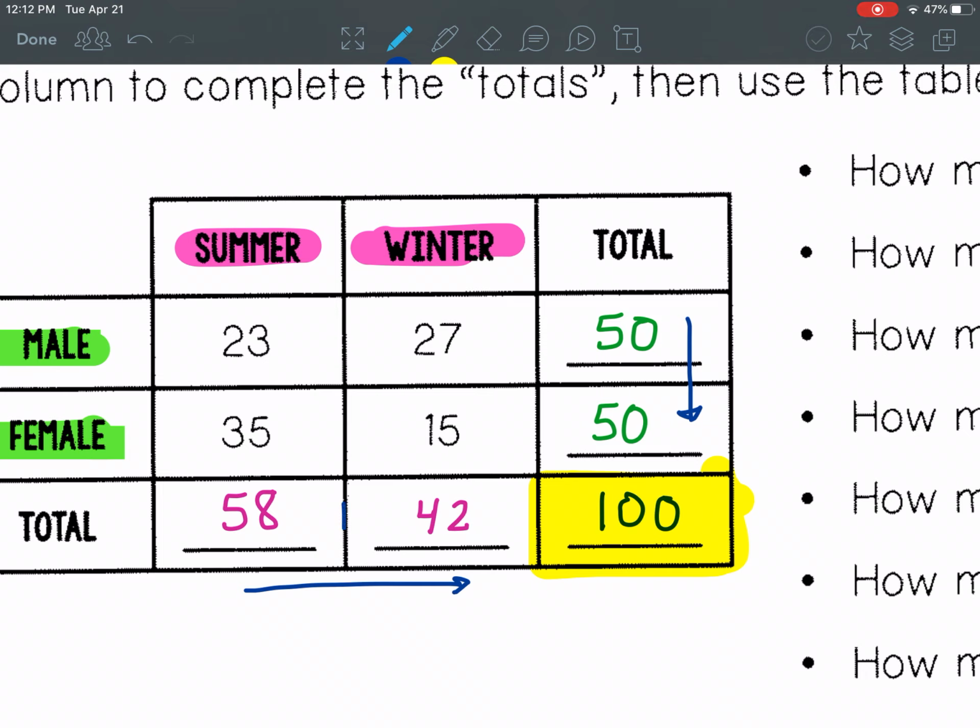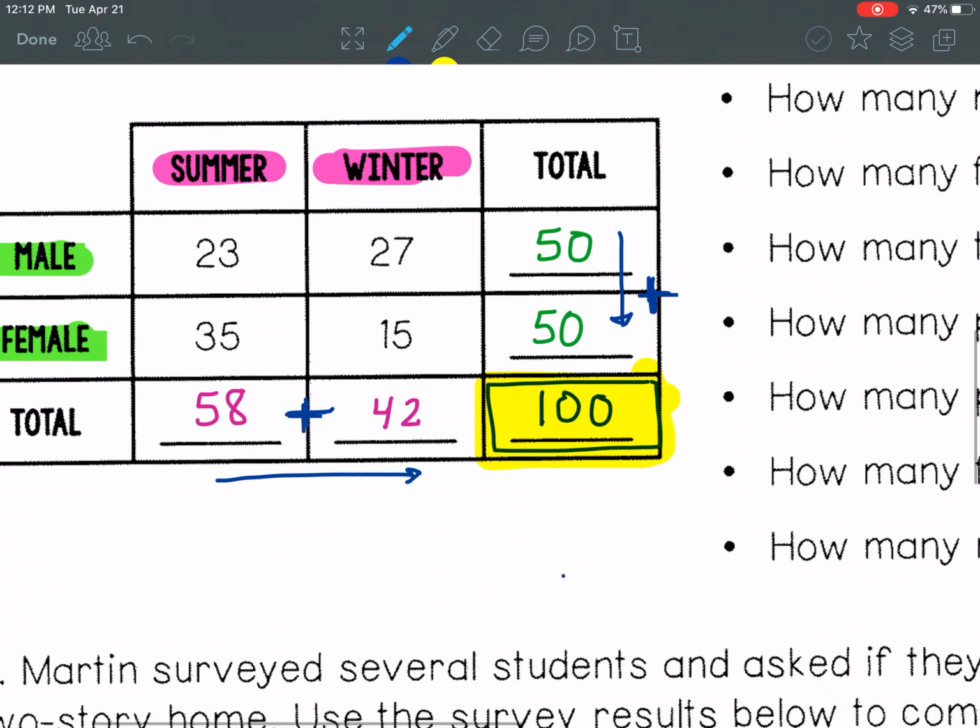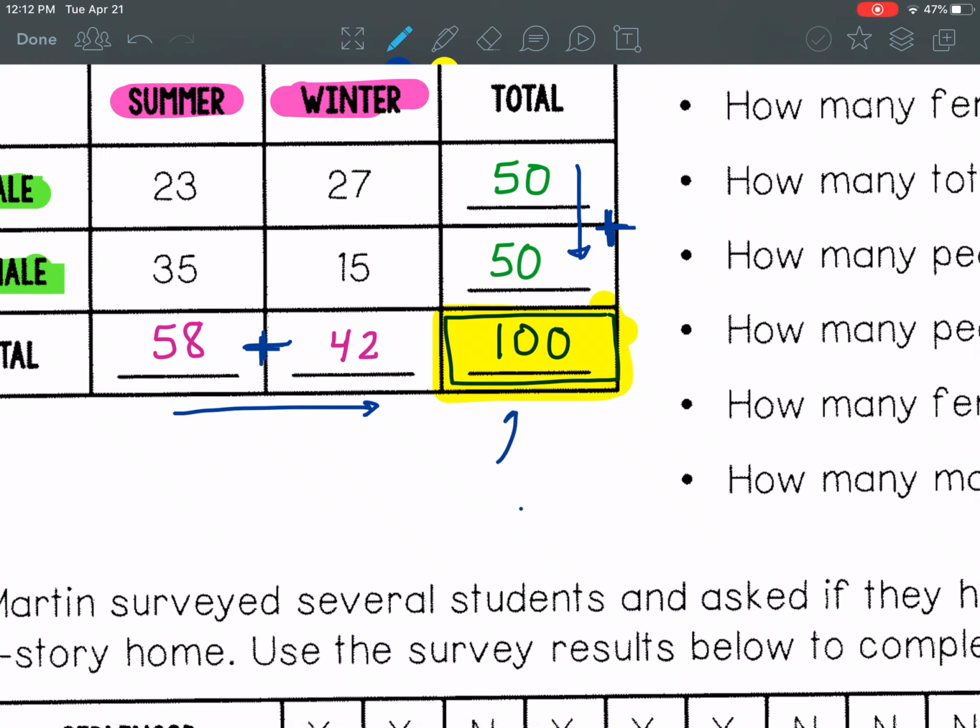So 58 plus 42, 8 plus 2 is 10, carry the 1, so 6, it does equal 100. So you're adding this way, and then you're also adding this way to get this overall box. Do not add all four of the numbers together. You're going to get too many, okay? So this number in the bottom right-hand corner of two-way tables is always the total number of people surveyed.